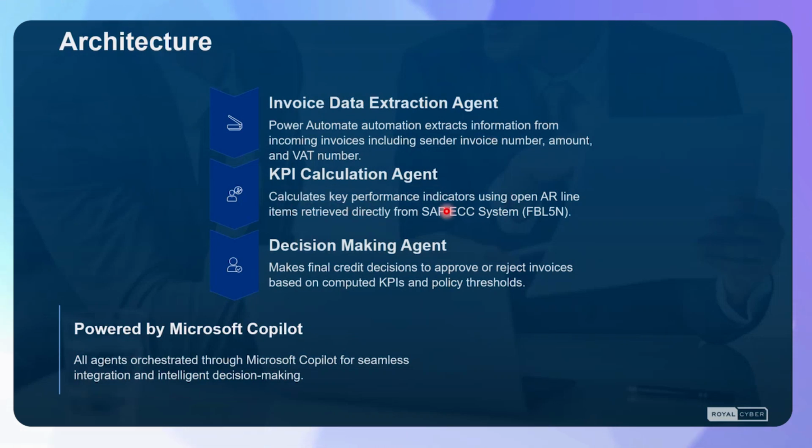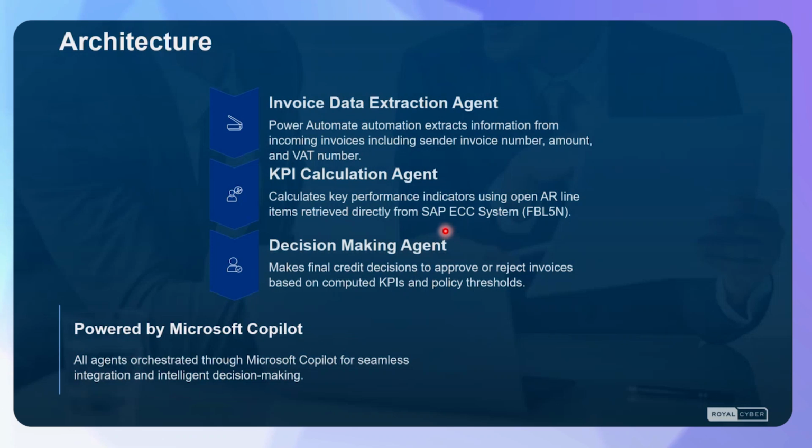It calculates the key performance indicators, like what are the pending invoices from the SAP system, especially the open invoice data for any customer, which resides in FBL5N T-code. So we are extracting that information and calculating the KPI, and then we are feeding this data into the final decision making agent, which will take the final decision whether we need to approve this invoice or reject it.